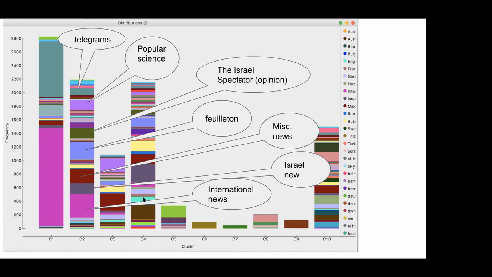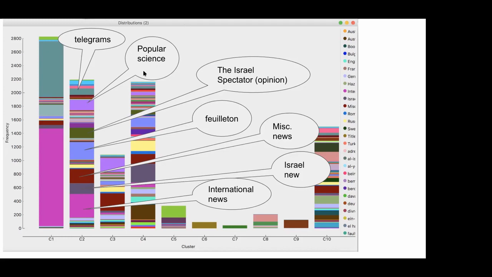And then we have this second cluster, which also has some international news, but the Israel news would be here and the miscellaneous news would be here. So we see that they are closer together than what we had here. The feuilleton and popular science, that was extremely important at the time.